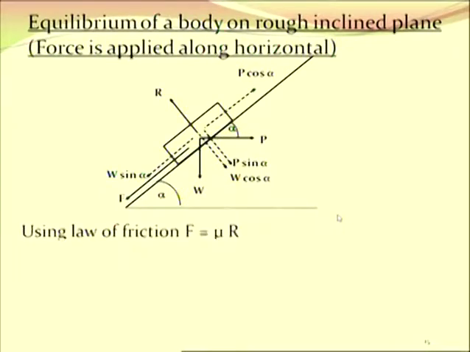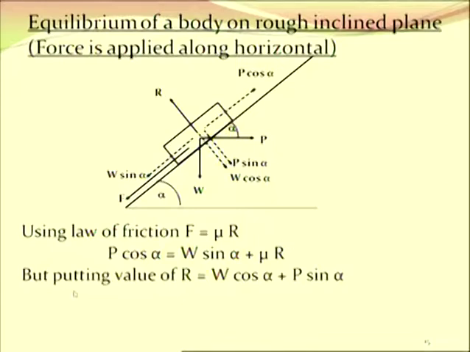But from the law of friction we know that F is equal to mu into capital R. So we can say that P cos alpha equals W sin alpha plus mu R. Putting the value of R in that equation, R is equal to W cos alpha plus P sin alpha. So P cos alpha equals W sin alpha plus mu (W cos alpha plus P sin alpha).